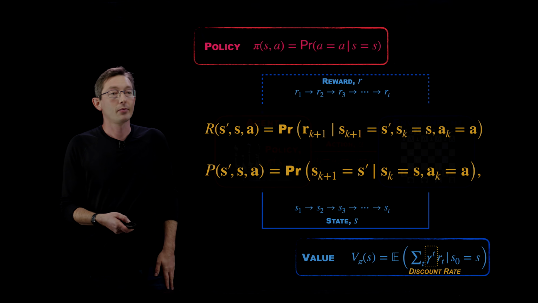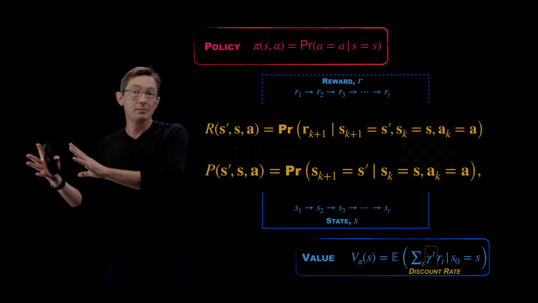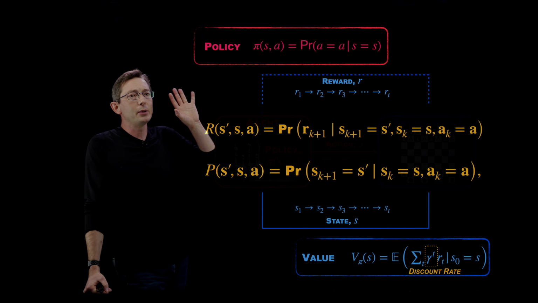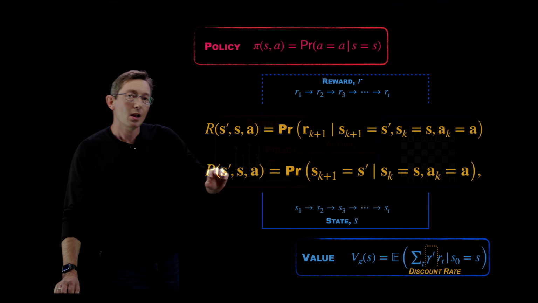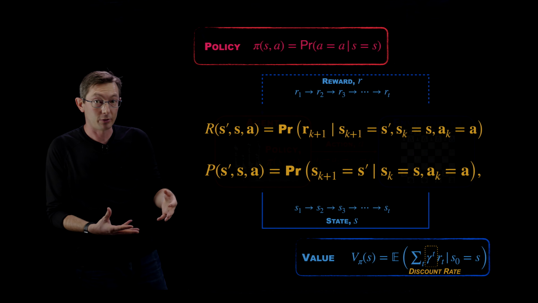What we do assume that we know at the outset, at least for the simplistic version of model-based reinforcement learning, is that we have a model for how the environment works, how the system works. So we assume that the environment evolves according to a Markov decision process.